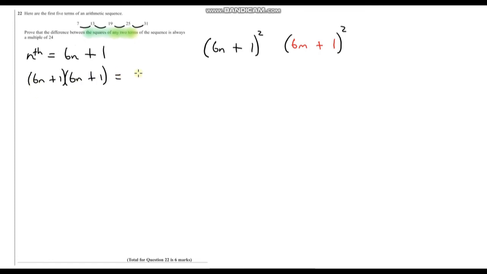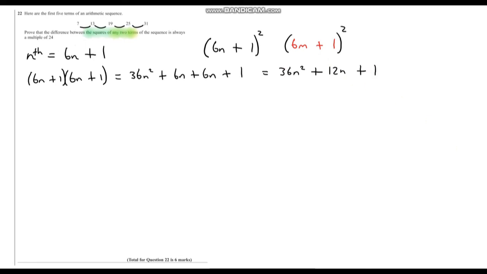So 6n times 6n, that's going to be 36n squared. 6n times 1 is just going to be 6n. And then we've got another 6n times 1, so that's another 6n. And then plus 1 times 1, which is 1. And we can simplify that. So this is the same as 36n squared, 6n plus 6n is 12n, so plus 12n plus 1.